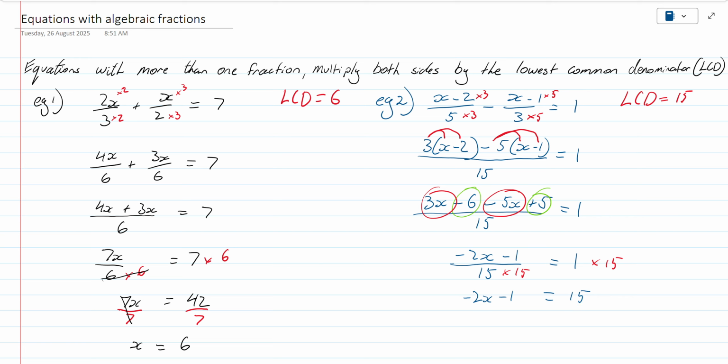That minus 1 needs to change sides, plus 1. They cancel. You get 16, negative 2x. Divide by negative 2 to both sides to get x by itself. They'll cancel. x equals negative 8.